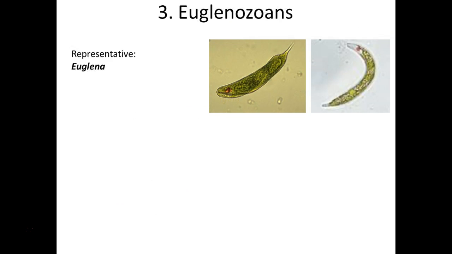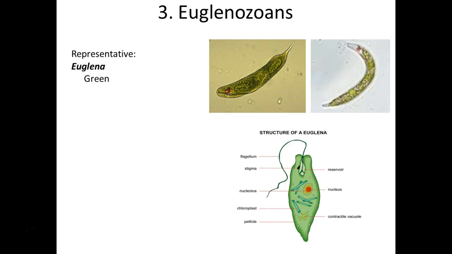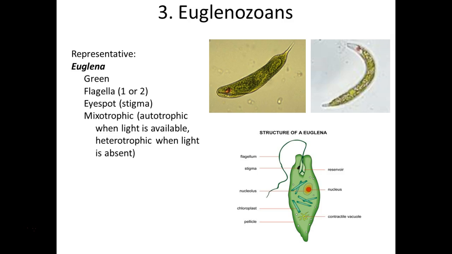The other one we're going to look at that's a new slide is Euglena. These guys are really cool. They're green naturally because of their chloroplasts. They have 1 or 2 flagella; on these slides, I'm not sure if we'll see that. They have an eye spot, or stigma, which helps them find the light as they swim through the water. These guys live in aquatic environments like our pond water.